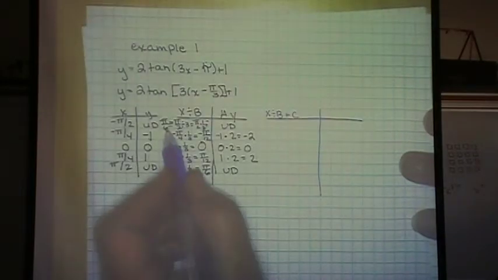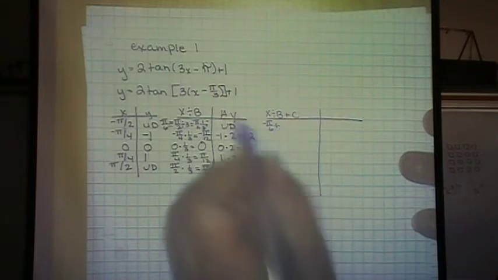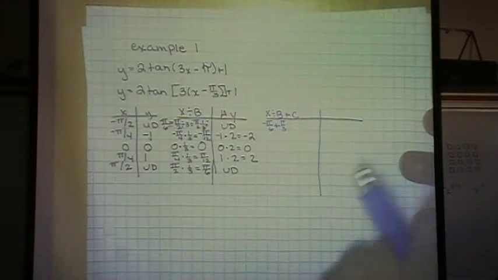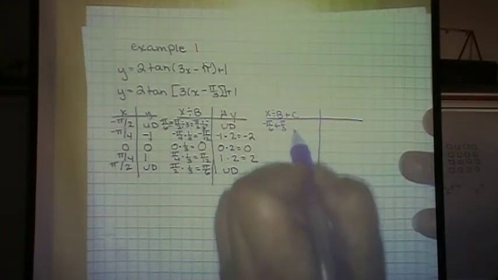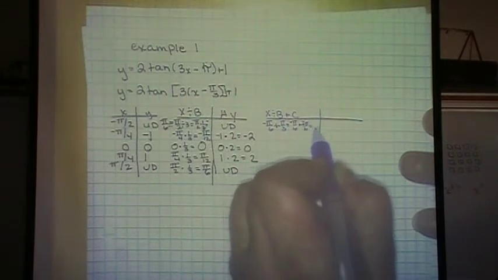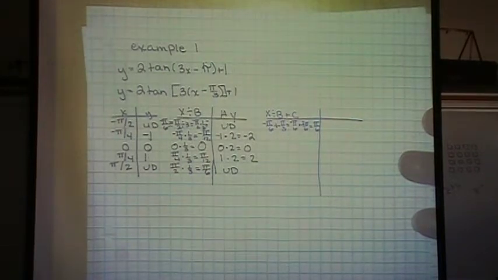So I have negative pi over 6 plus pi over 3. Common denominator is 6. So negative pi over 6 plus 2 pi over 6, and that gives me just pi over 6. So my final result is pi over 6.